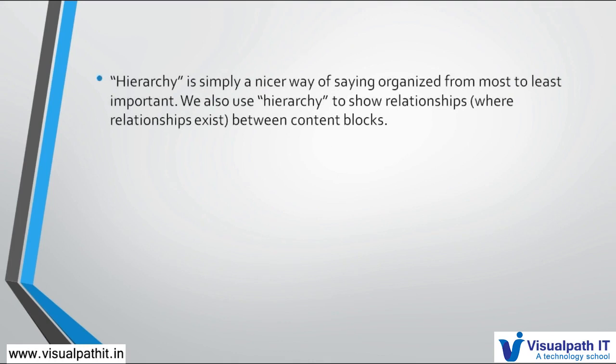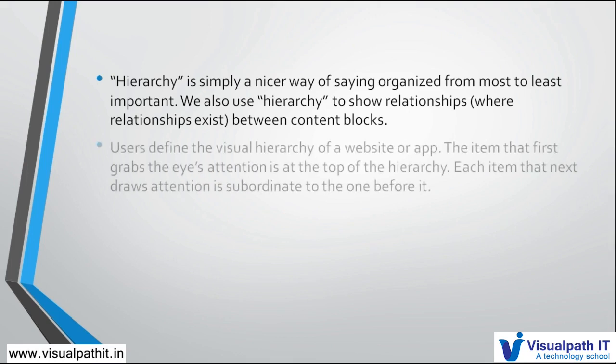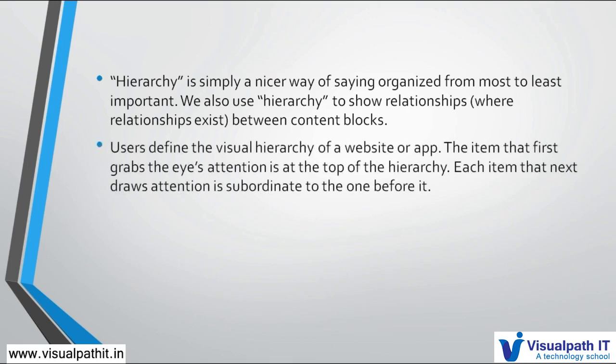Hierarchy is simply a nicer way of saying organized from most to least important. We also use hierarchy to show relationships where relationships exist between content blocks. Users define the visual hierarchy of a website or an application. The item that first grabs the eye's attention is at the top of the hierarchy.